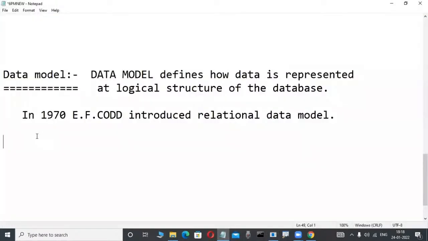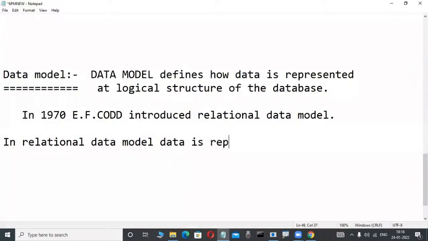In the relational data model, data is represented in two-dimensional tables, in the format of rows and columns.